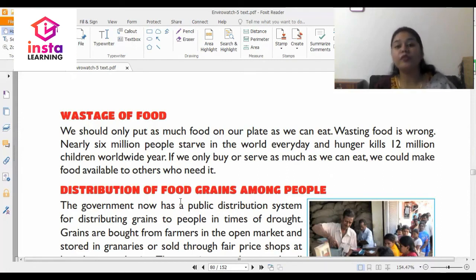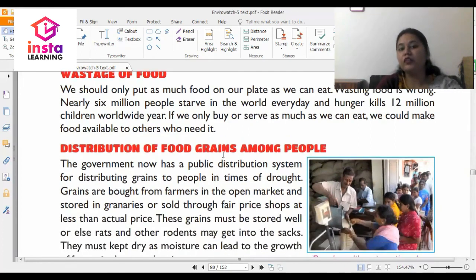And we waste food. And it is wrong. Nearly 6 million people starve in the world every day, and hunger kills 12 million children worldwide. So, next time when you think about wasting food, imagine you have actually taken it from someone else's plate and now you are wasting it.